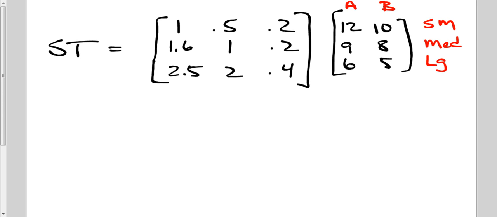Cutting, assembly, and packaging. So this is cutting, assembly, and packaging. These are all in dollars. So this is how much it costs for 1 hour cutting in plant A. This is how much it costs for 1 hour cutting in plant B.